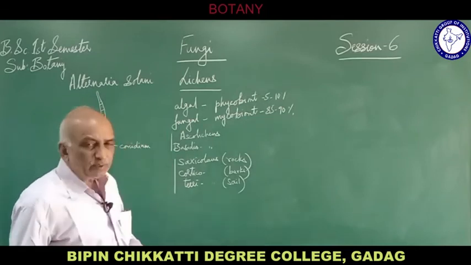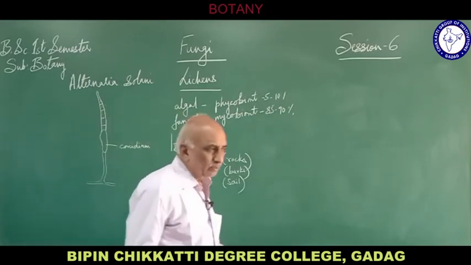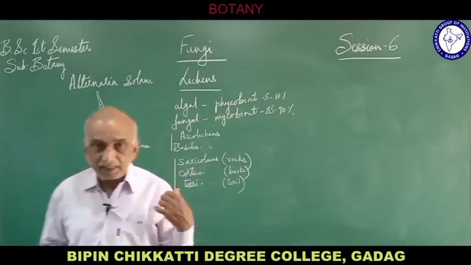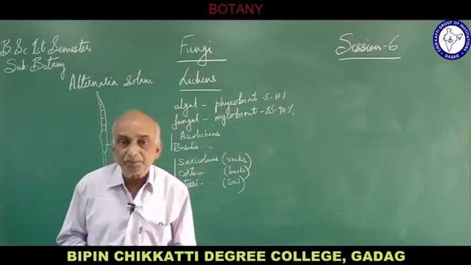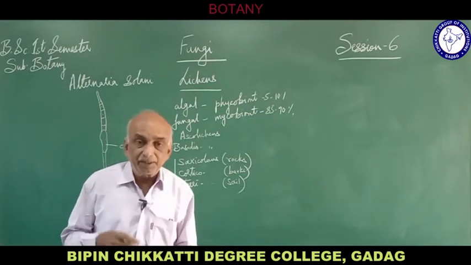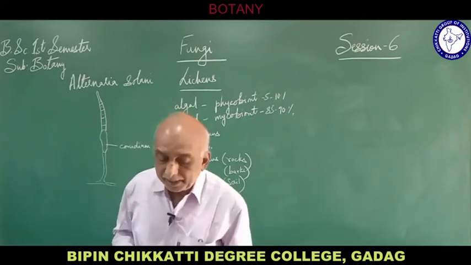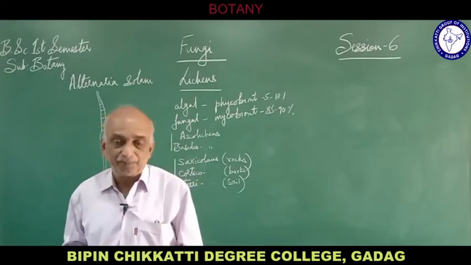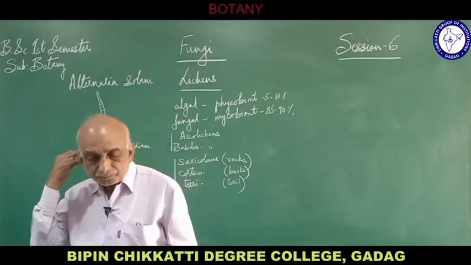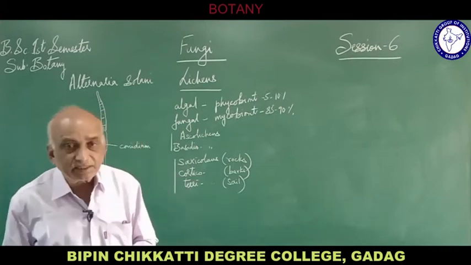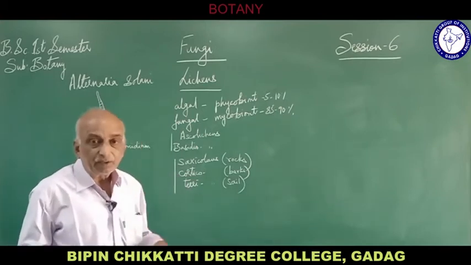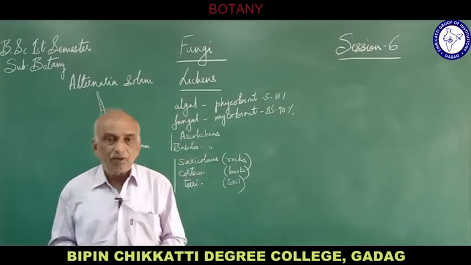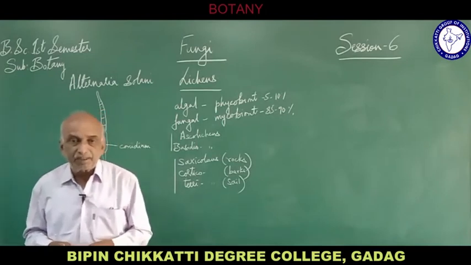Of course, there is one more type of classification based on the habit of the lichens. So this was habitat, the type of environment they grow in, but habit means in what form they grow, and what is the manner of attachment to the substratum, either rock, leaves, or soil, or any part of the plant like a trunk and a bark.